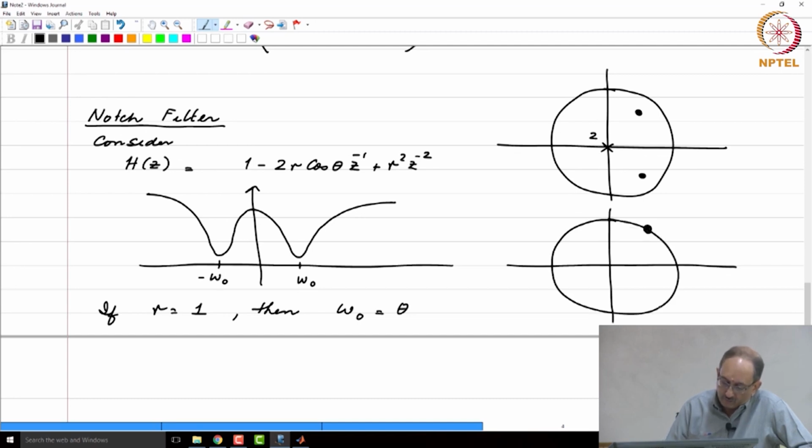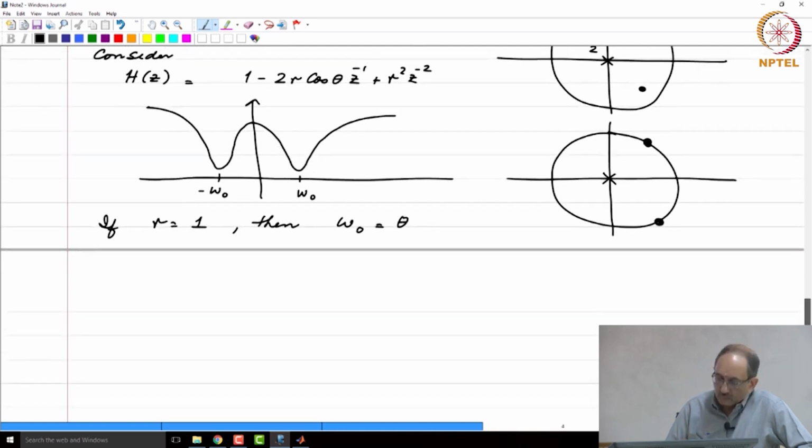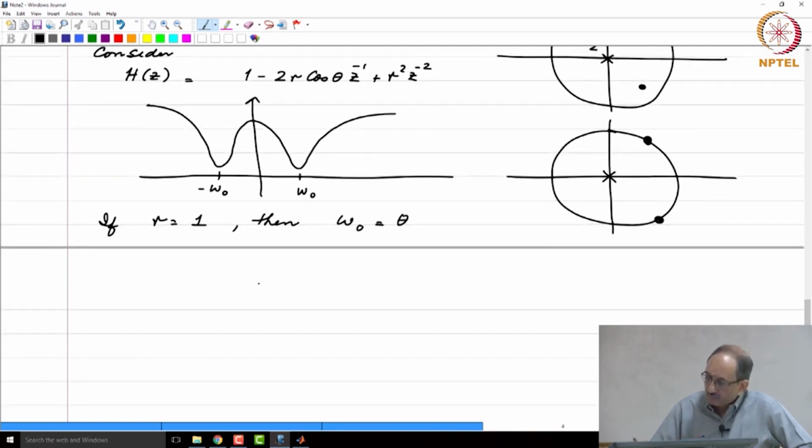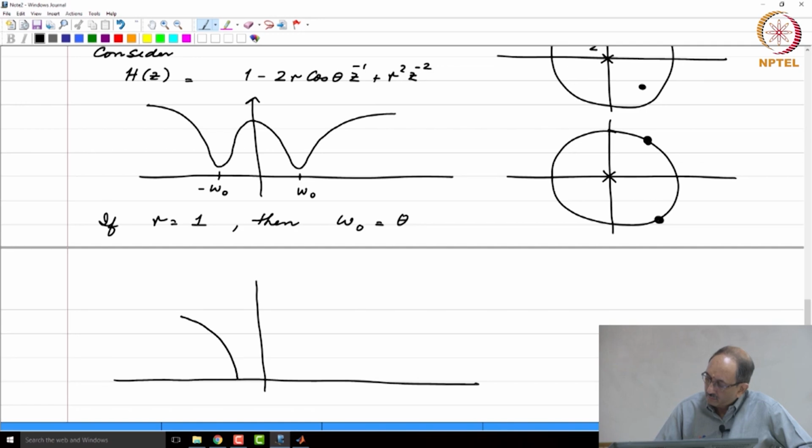Now the zeros are on the unit circle, and the frequency response now has this shape, and this omega naught is now theta.